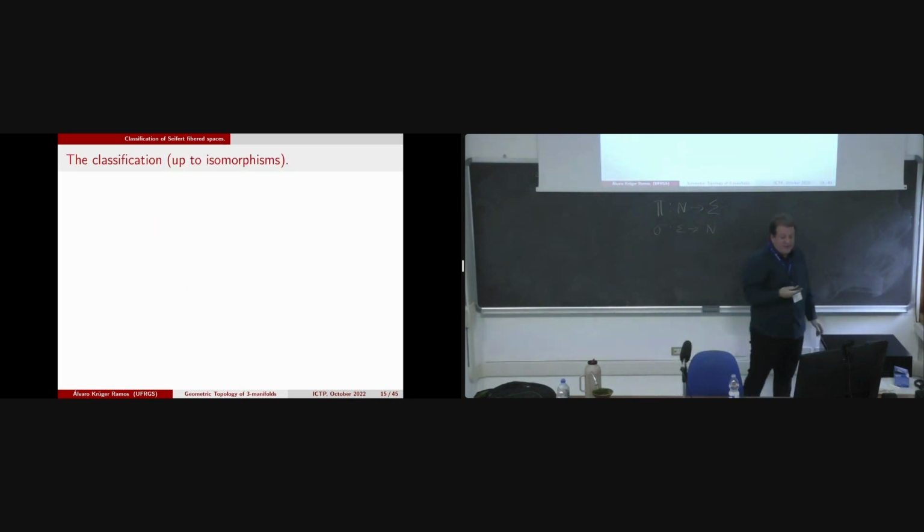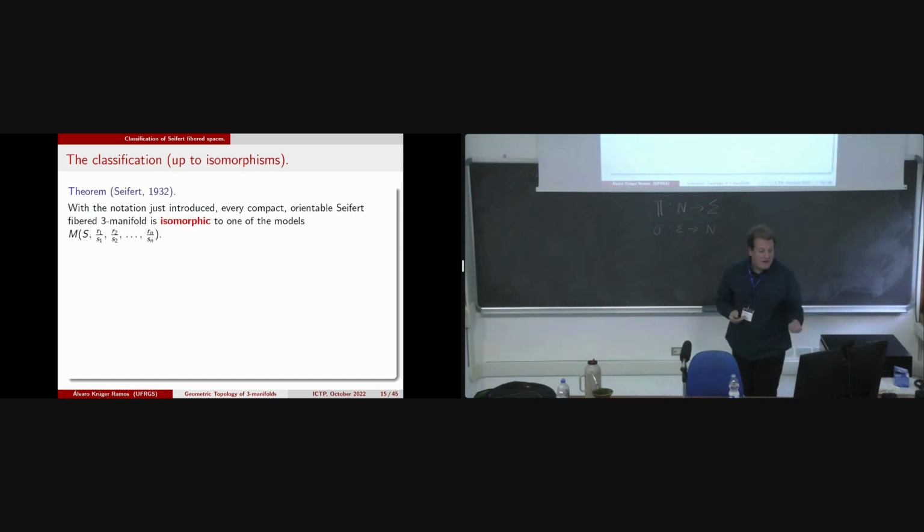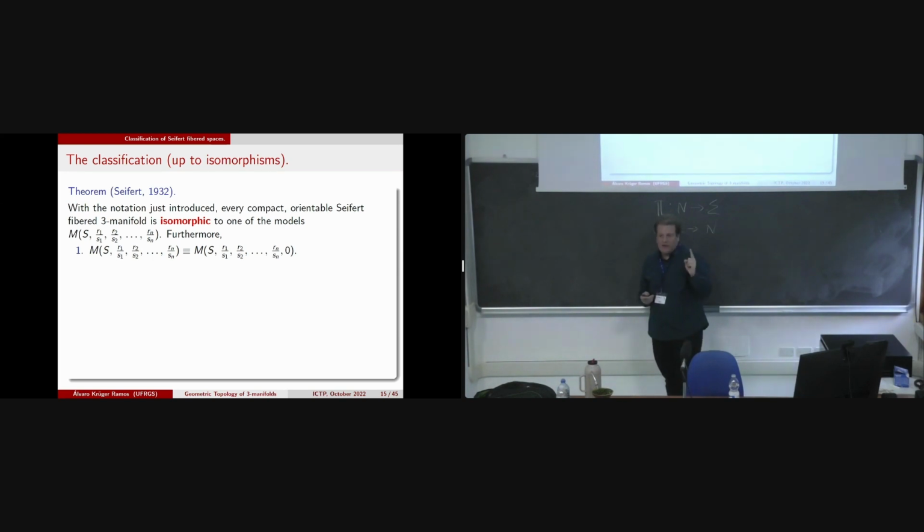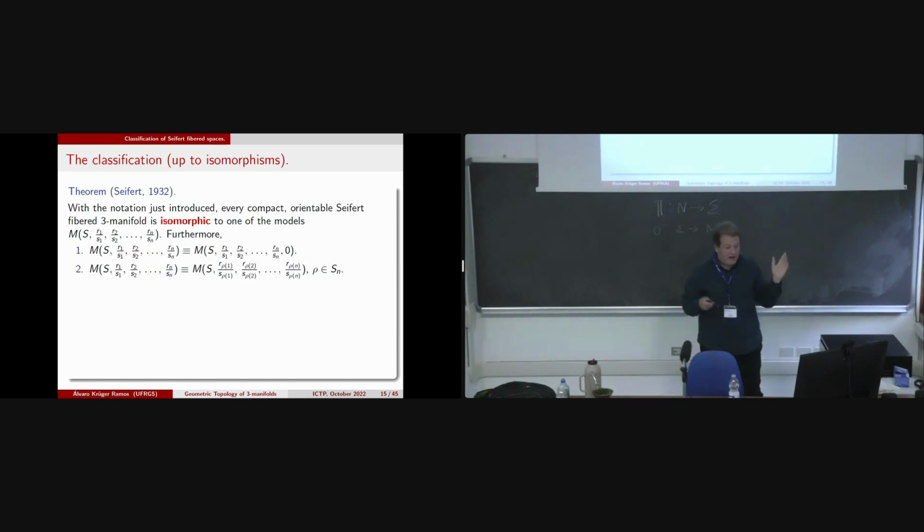So the classification of these spaces is basically the following. With the notation introduced, every compact orientable Seifert fiber space is isomorphic to one of these models. And we know that if we have a trivial component, like we add a zero, nothing changes. We can make a permutation of these choices and nothing changes.